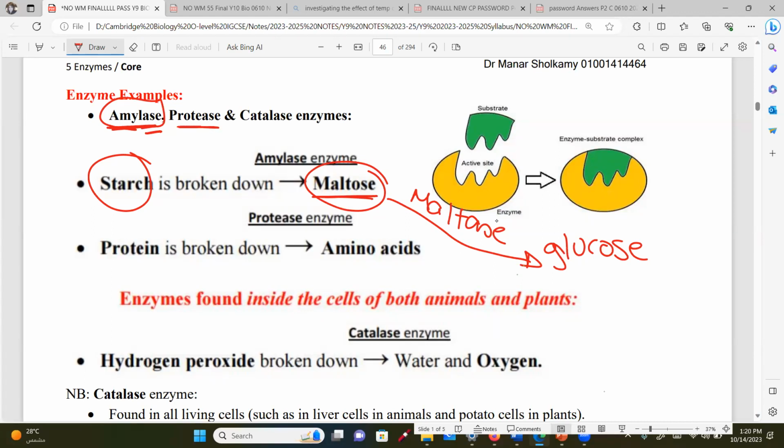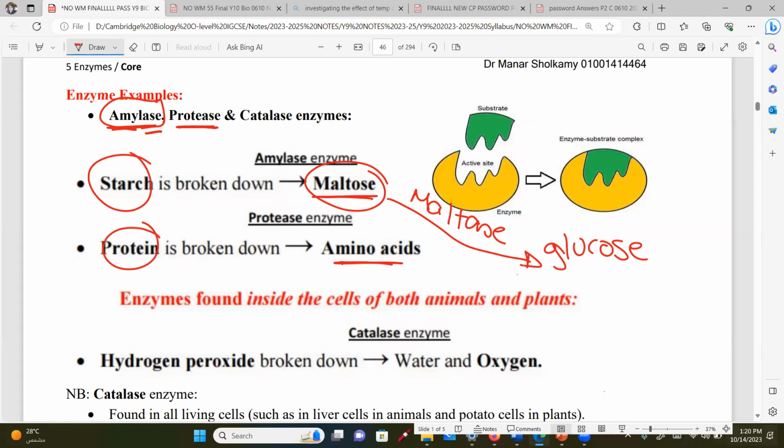Except protease. Protease, from the name, they break down what into what? Polypeptides. Proteins, amino acids. Yes, you are both correct because polypeptides means proteins. So, 1 minute. Yeah, so protease breaks down proteins into amino acids.